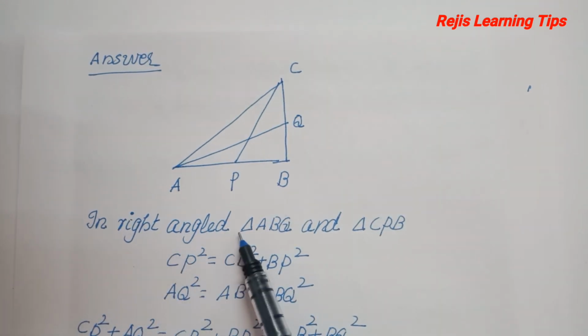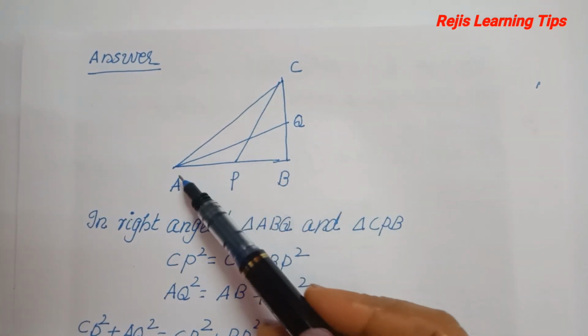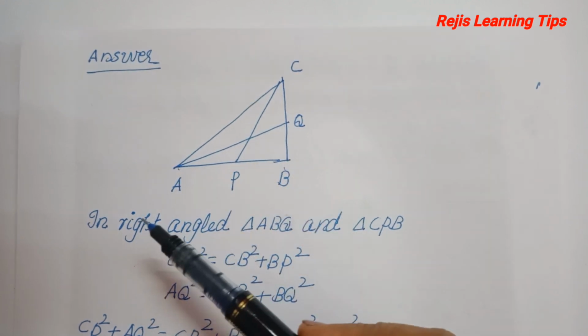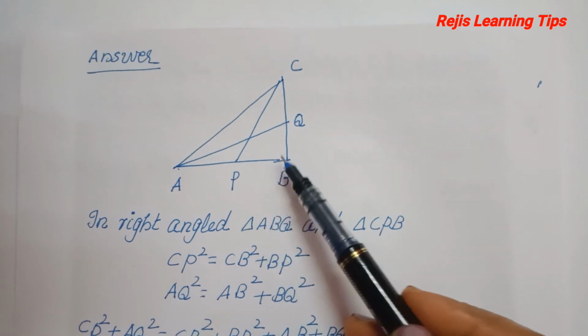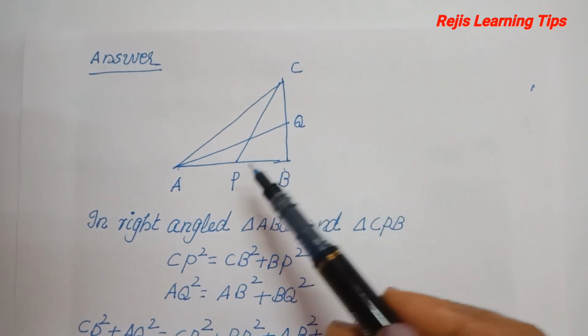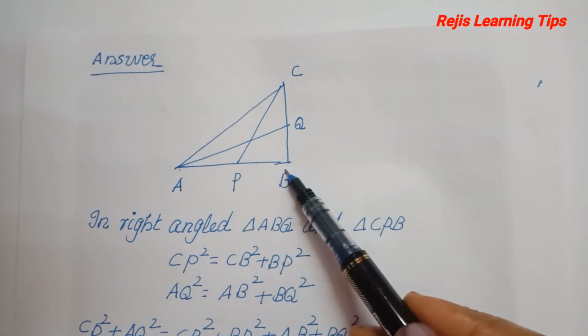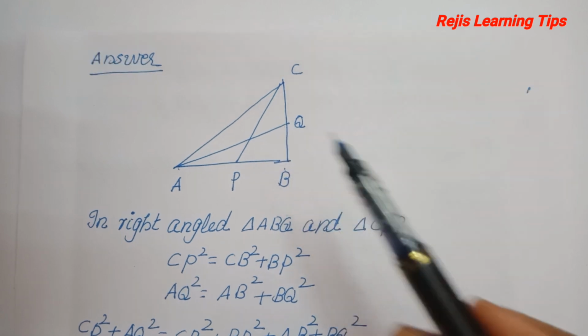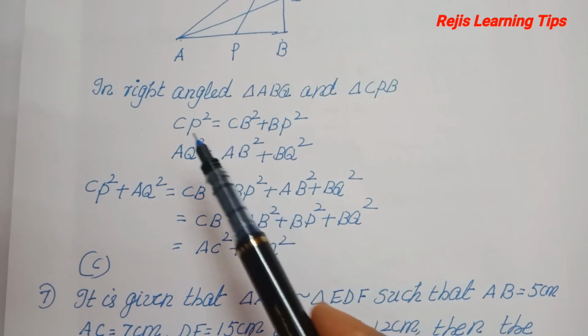Okay, in right triangles ABQ and CPB, CP square is equal to CB square plus PB square. Then AQ square is equal to AB square plus BQ square. Then we have to add these two.